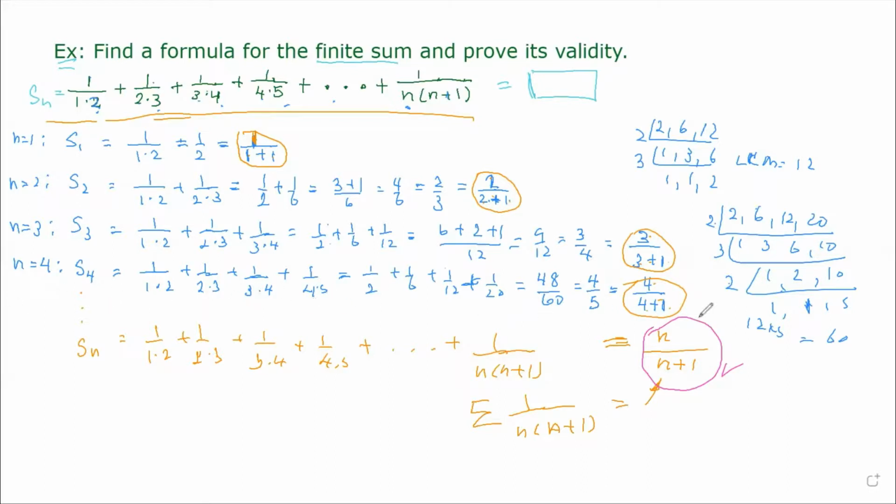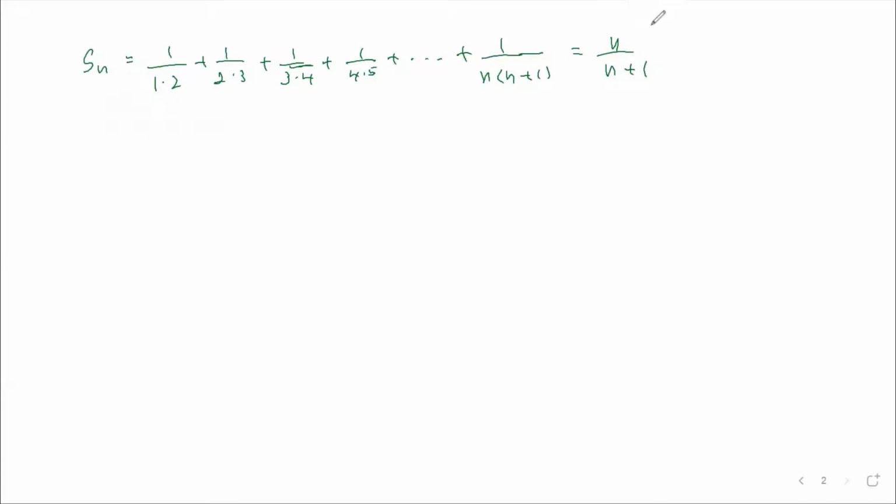Now we go to the next step. We get similar to the previous example already. Now this line we need to prove. Now we got this formula. Now we're going to prove by using mathematical induction. So 3 steps, correct? The first step is what?